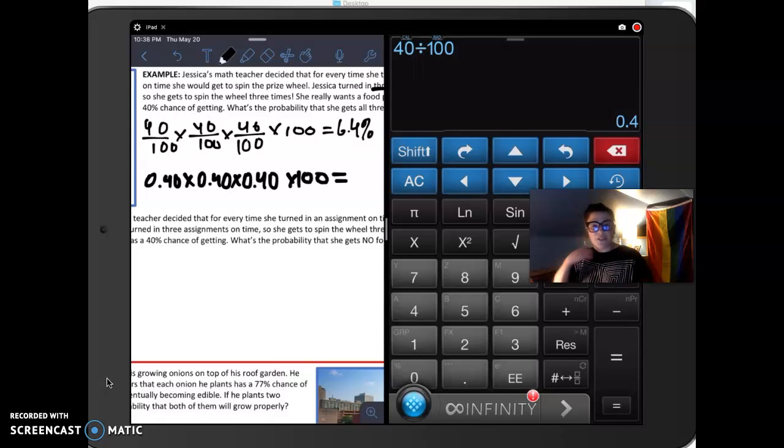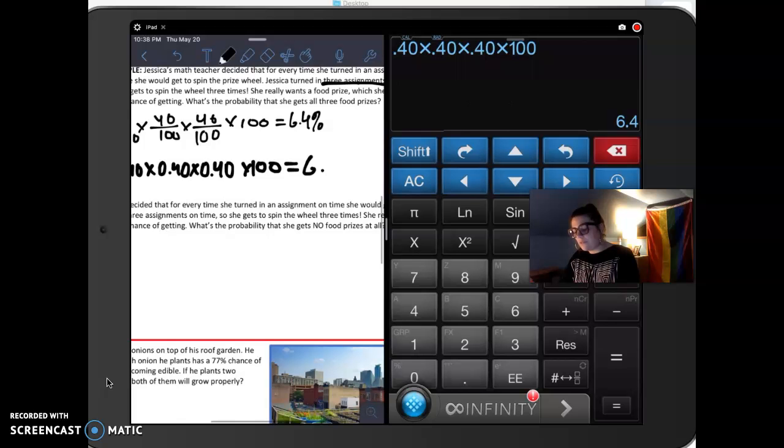So I can do that instead of having to type 40 over 100 each time. So we can do 0.40 times 0.40 times 0.40. You get the same answer, and it saves you a little bit of typing.